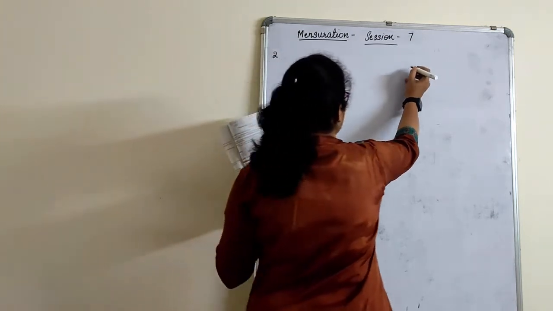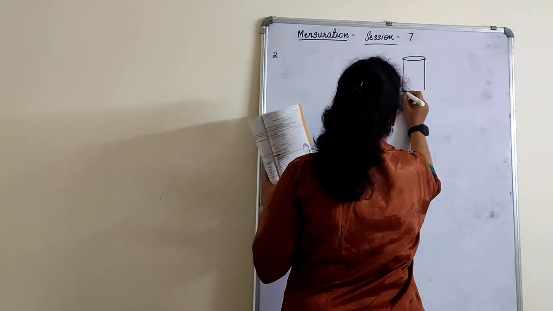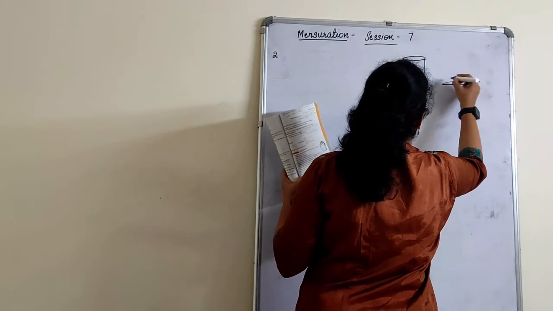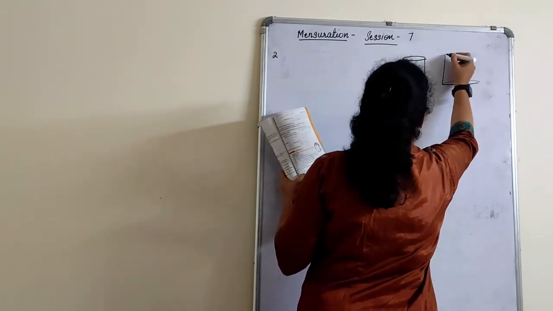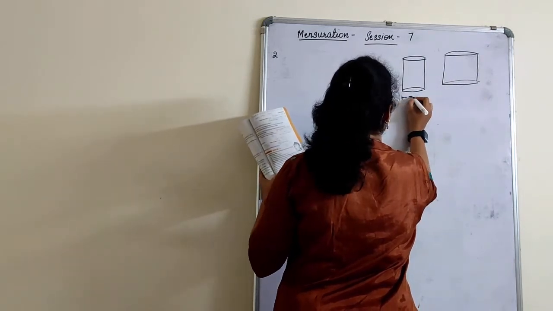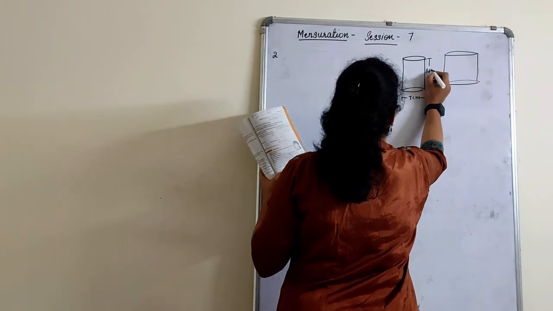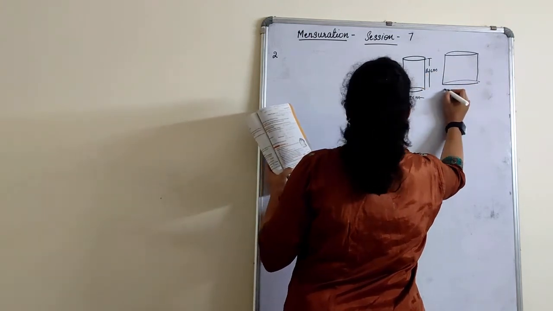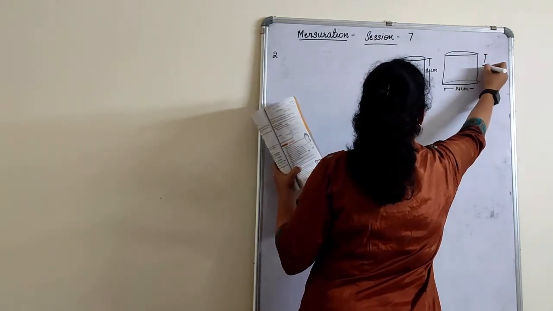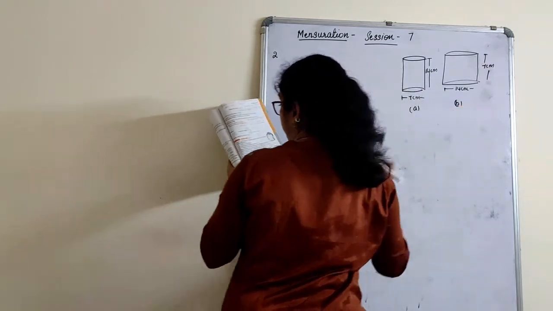So this is figure A and this is figure B. Here it is 7 cm and this is 14 cm. This is 14 cm and this is 7 cm. This is A and this is B.